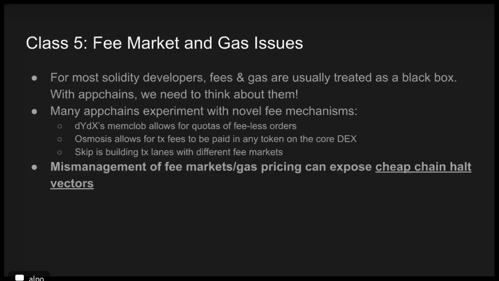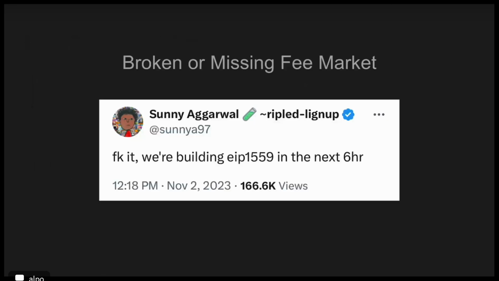There are various protocols in the Cosmos ecosystem that are experimenting with fee market design, so these issues become very important. A problem very close to home for us at Osmosis was around when Celestia launched, when we were handling the launch for TIA.